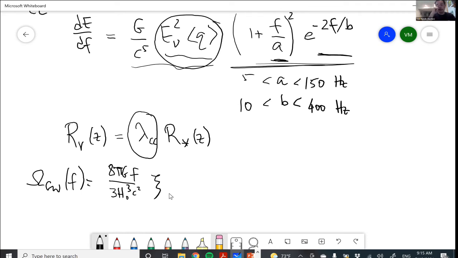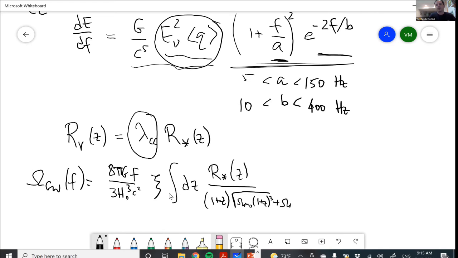We can put all of these 3 together and call the product of them xi. And then we have the integral over redshift, which will have the star formation rate, R_star(z). It will have the 1 plus z factor and the cosmology, remember, Omega_matter times (1 plus z) cubed plus Omega_lambda. So that's the standard part from the master formula.